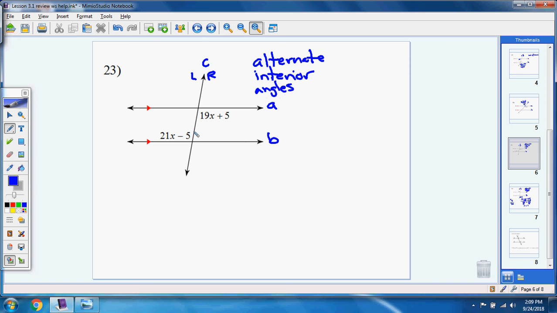So therefore, let's set them equal to each other. Just kind of experience here, I'm going to put 21x subtract 5 on the left and 19x plus 5 on the right. All right, so remember, we're going to move the smallest variable first, so I'm going to subtract 19x from both sides.